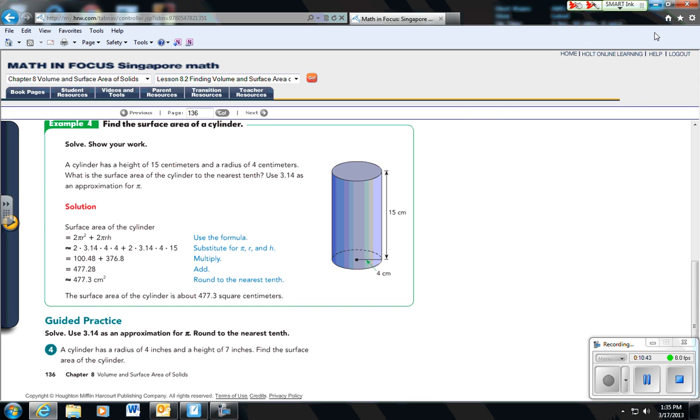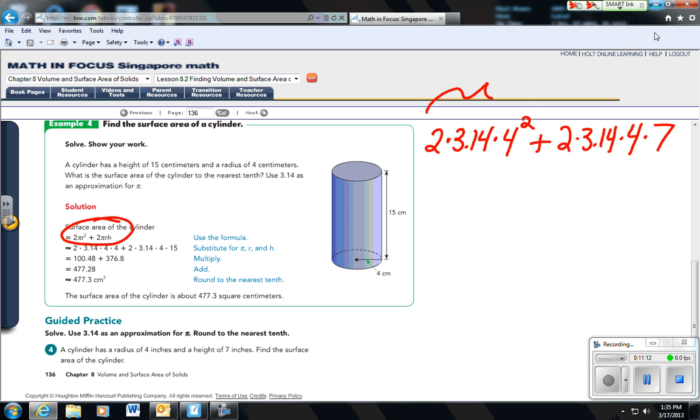Again, we're using this formula right there. So it says the cylinder has a radius of 4 and a height of 7. Find the area. So 2 times 3.14 times the radius, which is 4, squared, plus 2 times 3.14 times the radius, which is 4, times the height, which is 7.